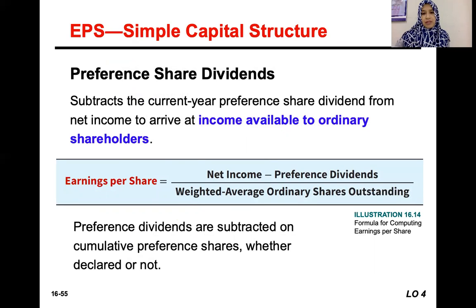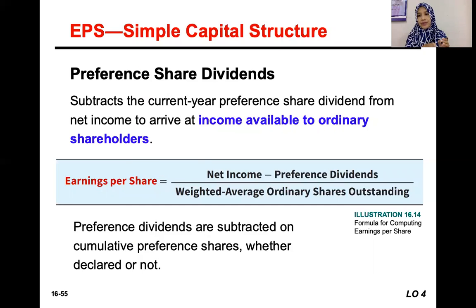If it is a simple capital structure, remember that earnings per share refers to income per ordinary share. That's why we have to remove the preference dividends. So to calculate EPS for a simple capital structure, we take the net income minus the preference dividends, and divide by the weighted average ordinary shares outstanding.